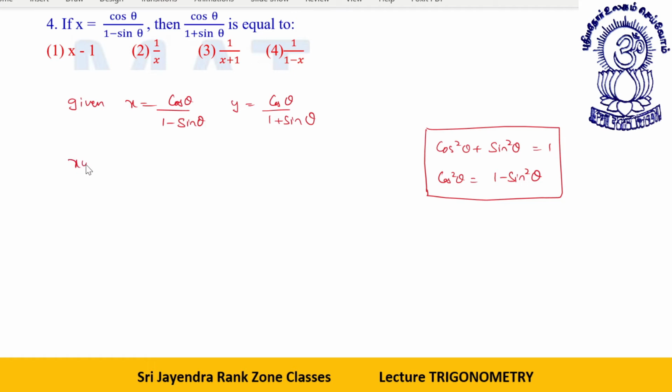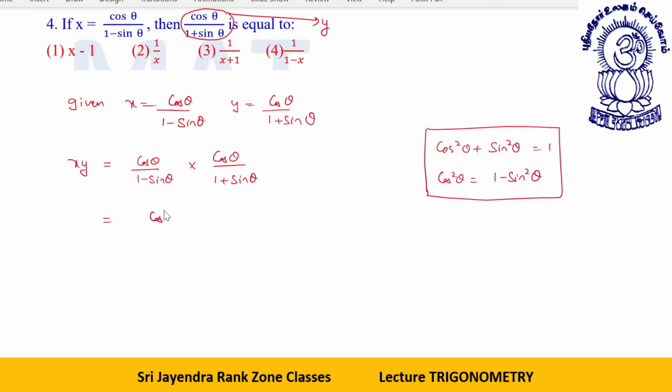Now if I multiply x and y, this portion, my dear students, is y. xy is equal to what? Cos theta by 1 minus sine theta into cos theta by 1 plus sine theta.